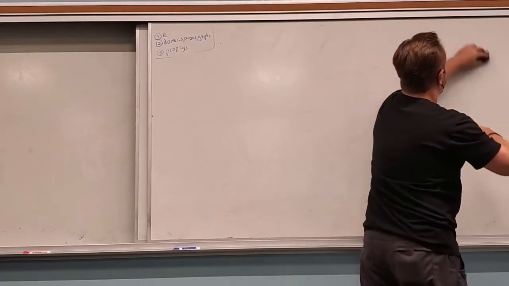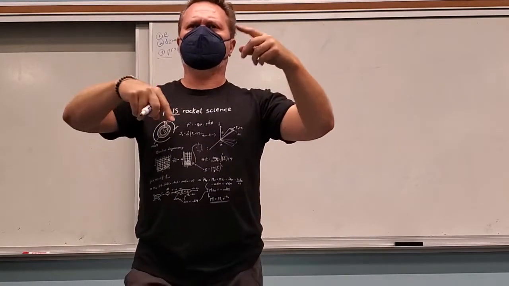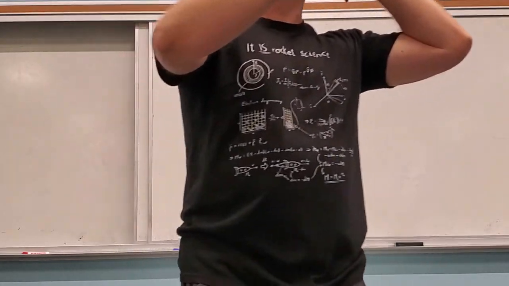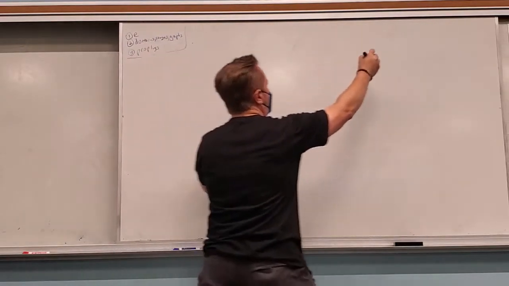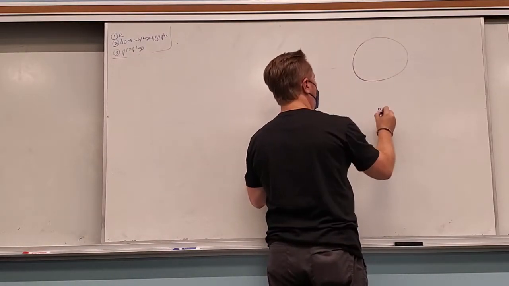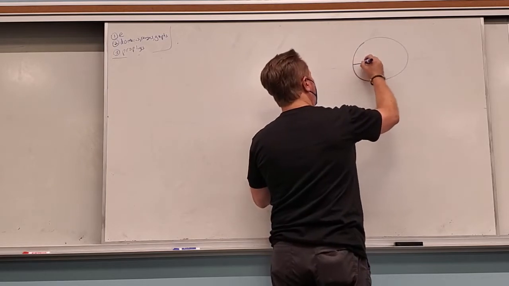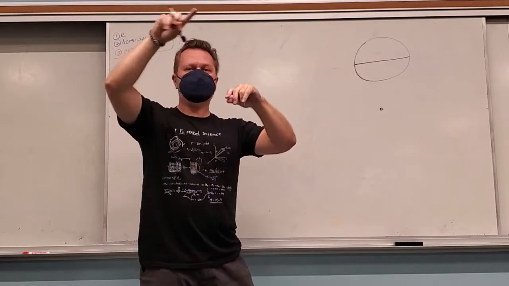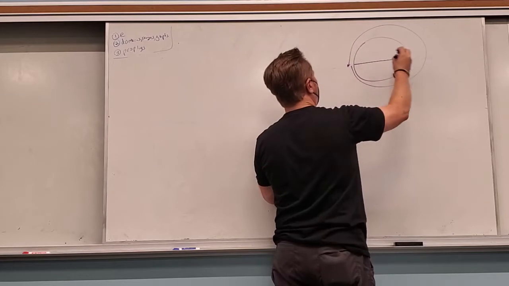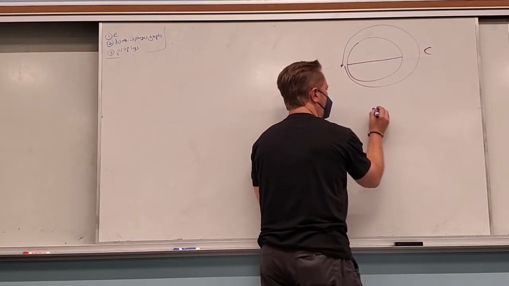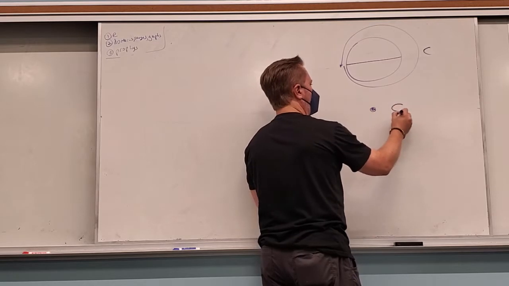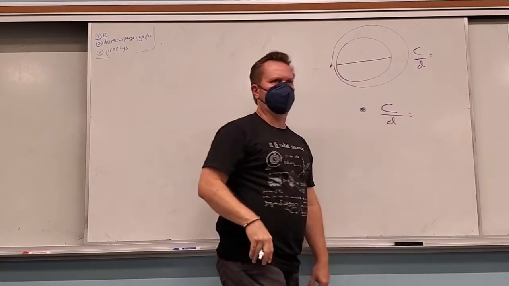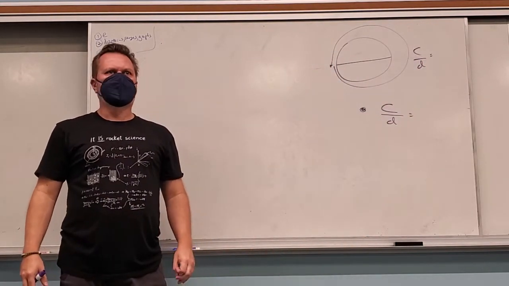So pi is obviously very important. What kind of applications does pi come out of, or do we use it for? Circles. And in fact, if you take any circle, I don't care how small or how big, and you take the diameter and the circumference, and I divided them, what freaked people out is they always got the same number, no matter how big or small the circle was.